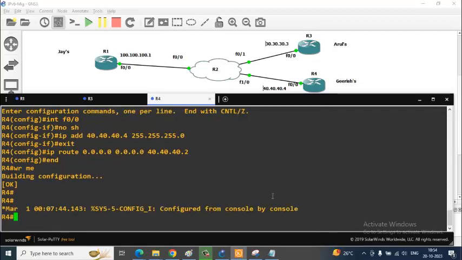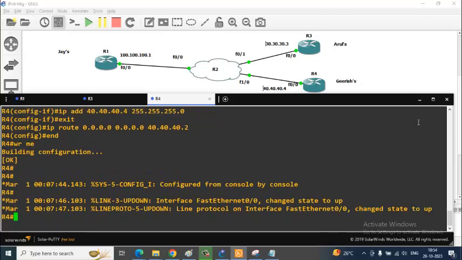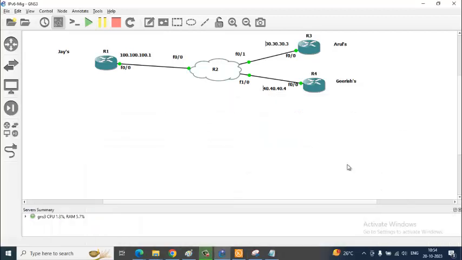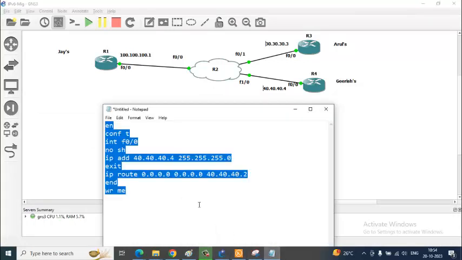Okay. Now the next thing that I would like to do is router 2, which is in the middle.